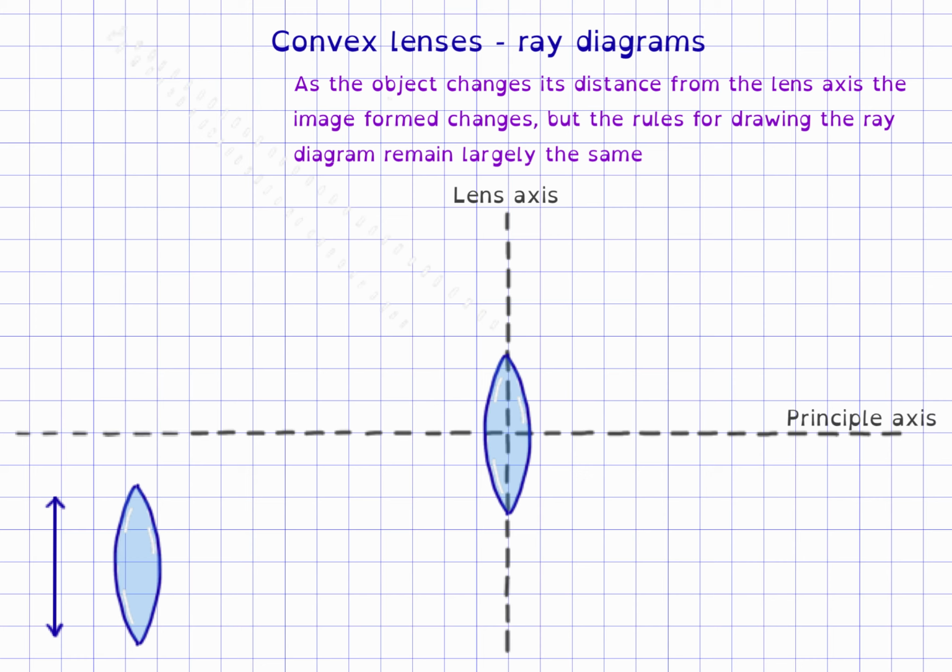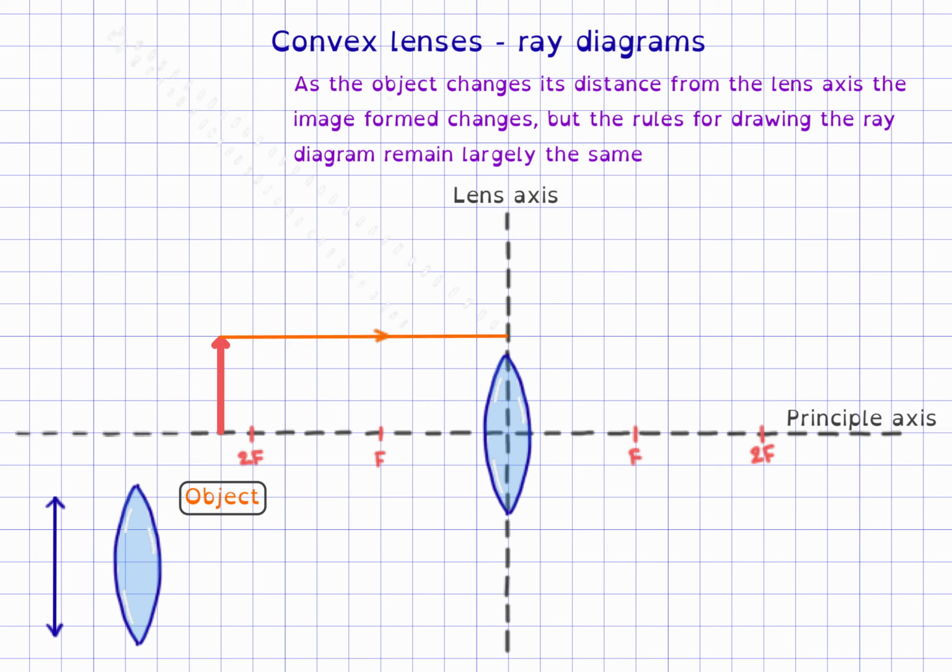The principal axis is the axis that the principal focus is on. F is one focal length from the lens axis. 2F is twice the focal length from the lens axis. Let's start with an object beyond 2F. Draw the lines as previously mentioned.